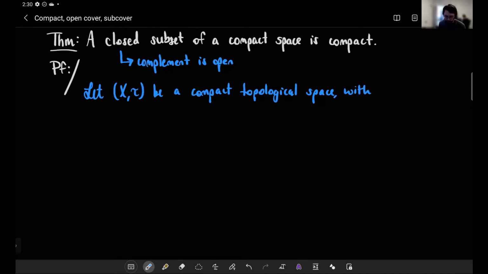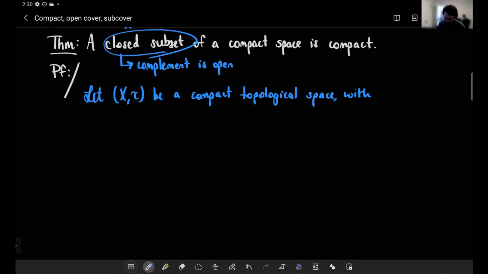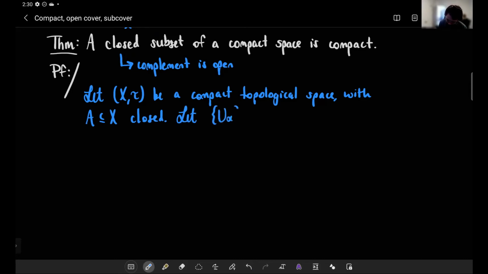And let's pick some closed subset, call it A. So A is a closed subset of a compact space. My goal is to show A is compact. And from our definition of compact, we know that means that every open cover has to have a finite subcover. So the very first thing I'll do is say let this be some open cover of A.